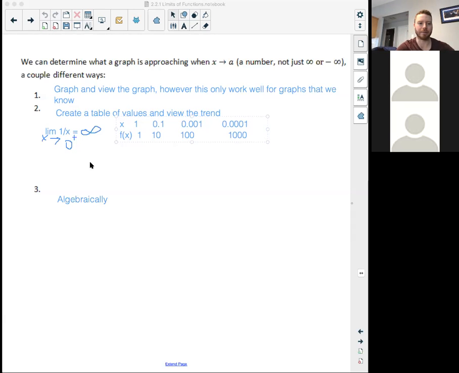Okay, we can do the same here as x approaches from the negative side. So we'll do the limit of 1 over x is equal to, and then we're going to do a table of values again.